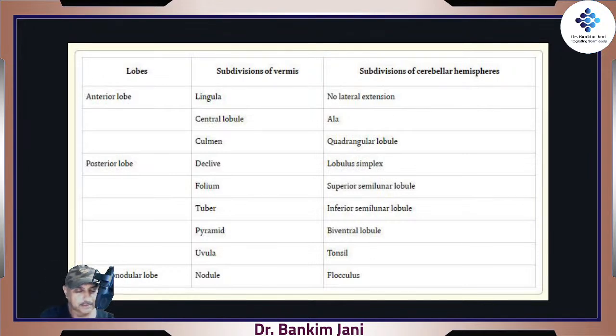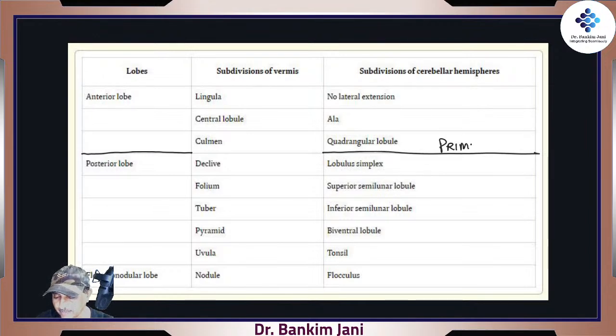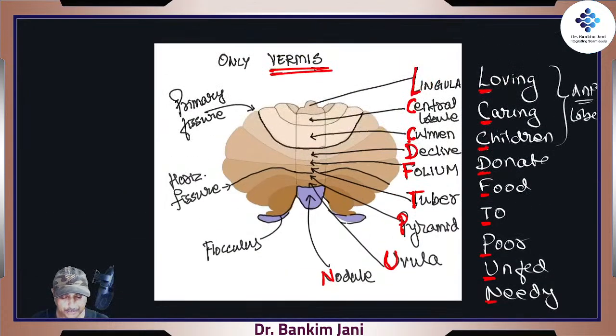Here it is, the anterior and posterior lobes. This will be the point where there would be the primary fissure. And where was that horizontal fissure? The horizontal fissure was between the folium and tuber.